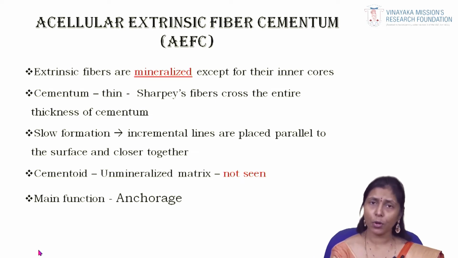So the incremental lines of cementum are closer to each other, and unmineralized matrix or cementoid tissue will not be seen in acellular extrinsic fiber cementum. The main function of this acellular extrinsic fiber cementum is anchorage.